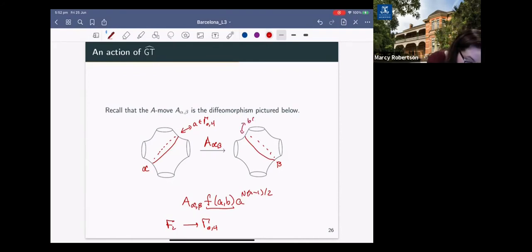B is the generator in the mapping class group corresponding to this curve. So this is a word in A, B living in the mapping class group. This is a well-defined thing, just a composite of elements in the mapping class group. Again, A here is the generator from that guy, and then n is determined by these quilts. So all of this makes sense, is what I want to say.